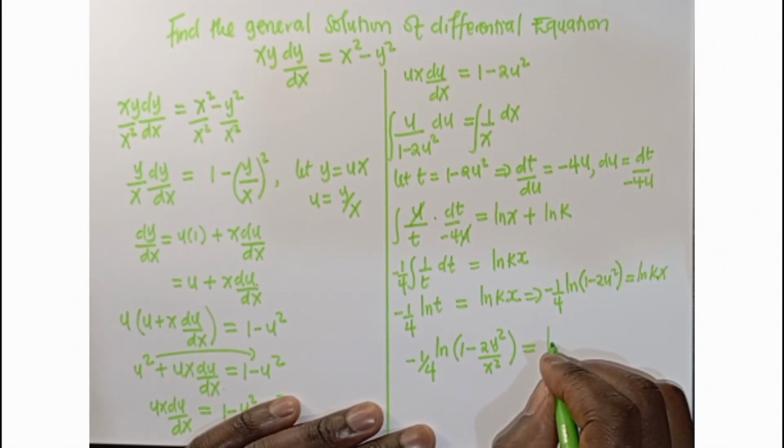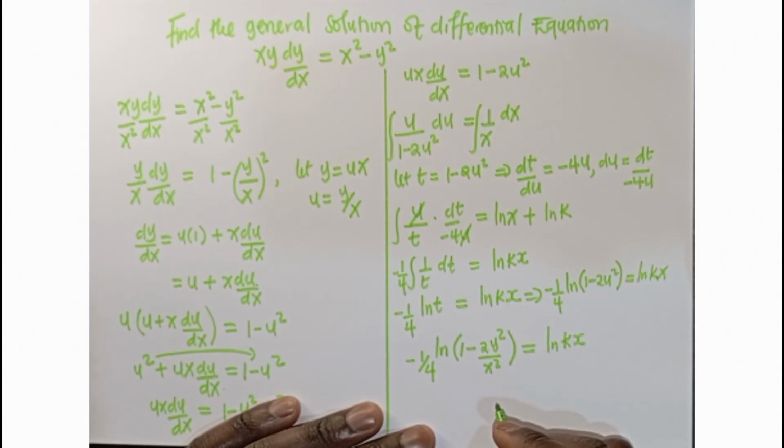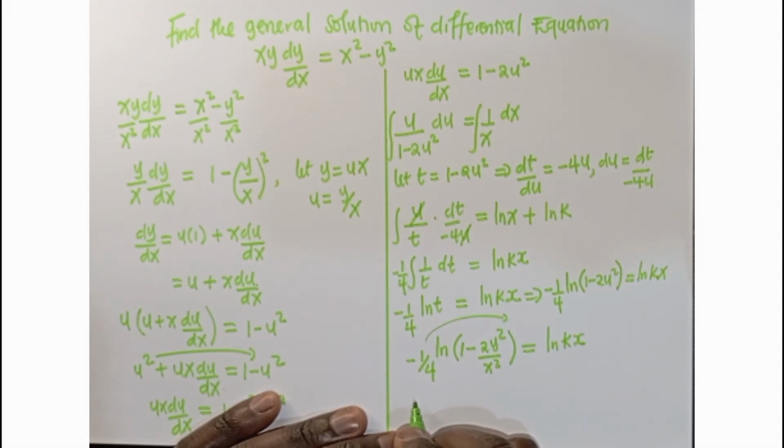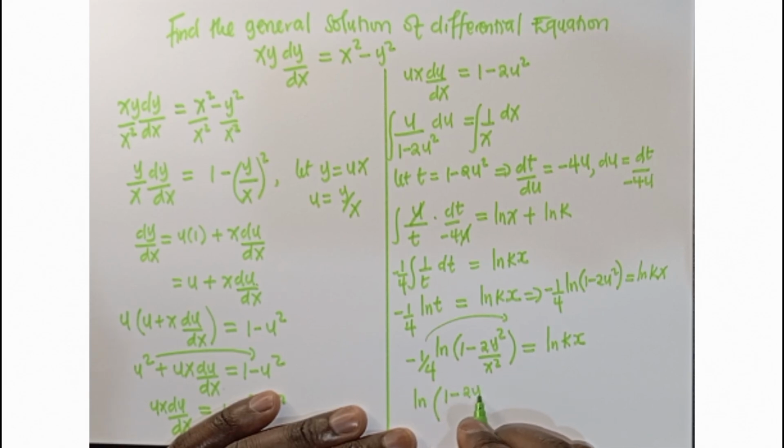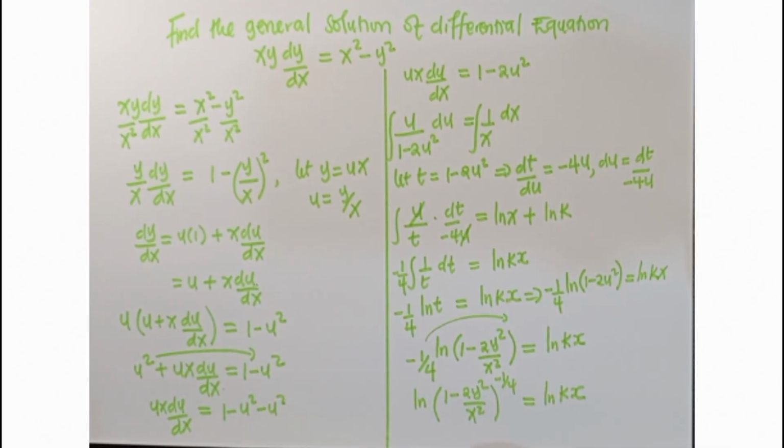Now since it is a negative, we can use the indices rule. This is ln of 1 minus 2y squared out of x squared, power negative 1 out of 4, is equal to ln kx. So we can simplify this further.